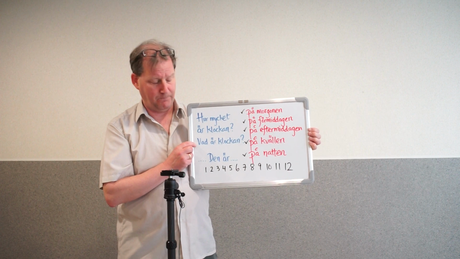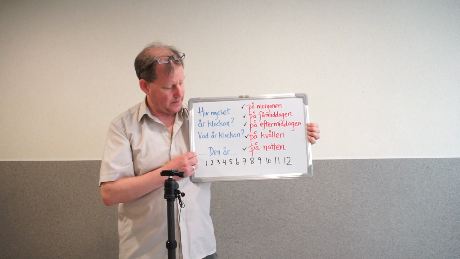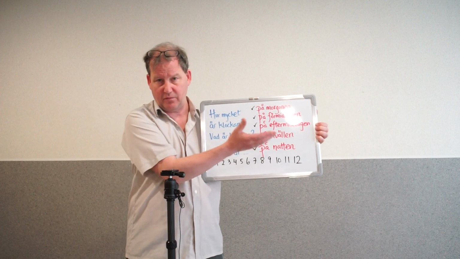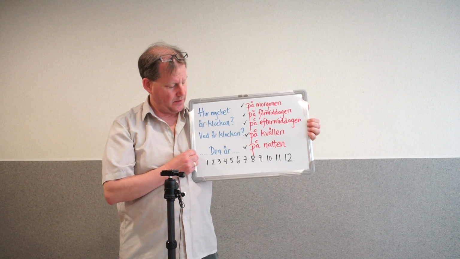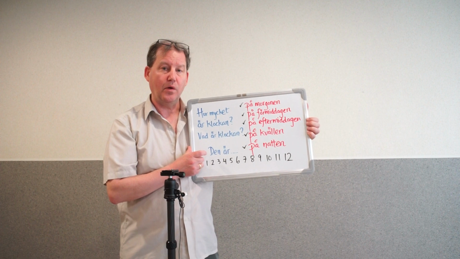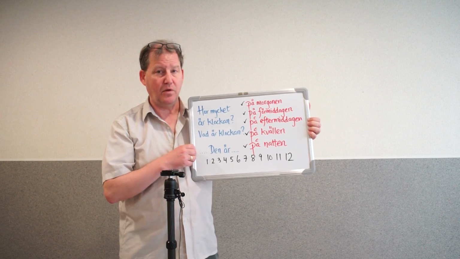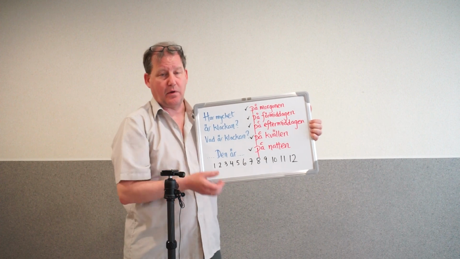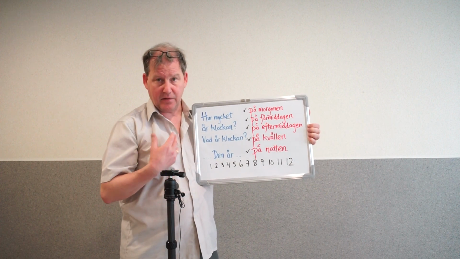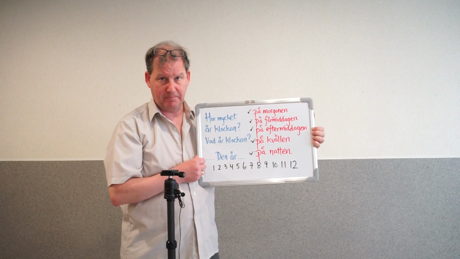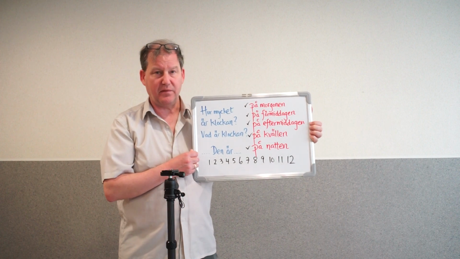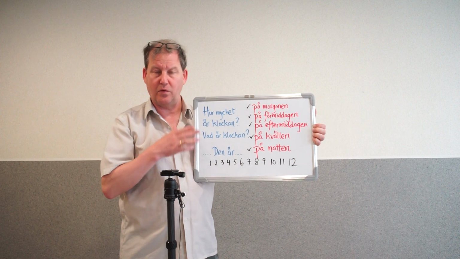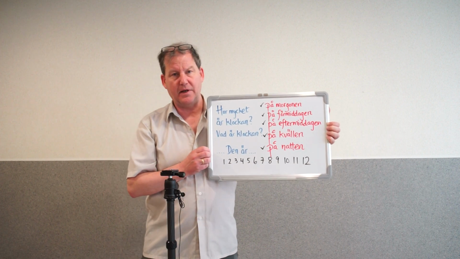Vad är klockan? And the answer is, den är. It is, and then whatever time it is. You could also say hon, like she. Hon är 1 o'clock or 2 o'clock or whatever. But I normally say just den är. But there is no sharp rule about this. People say den or hon, and everything is just fine.